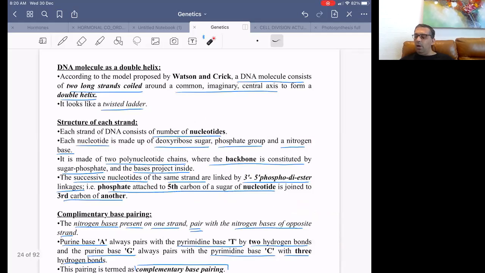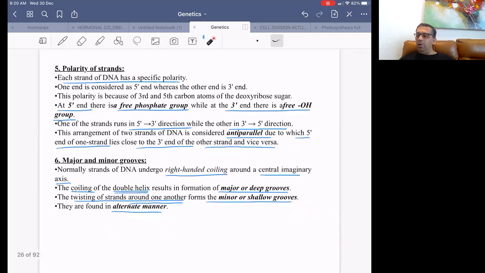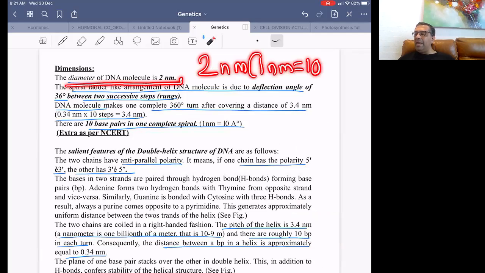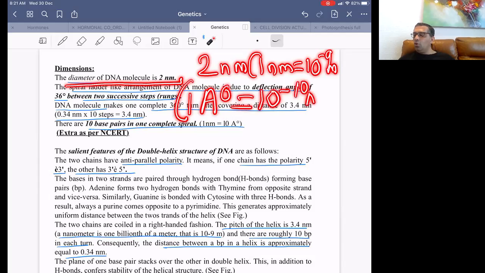And check this here, the diameter. The diameter of the DNA is 20 angstrom units or 2 nanometers. 1 nanometer is 10 raised to minus 9 meter, and 1 angstrom unit is 10 raised to minus 10 meters. So 1 nanometer is 10 angstrom units.